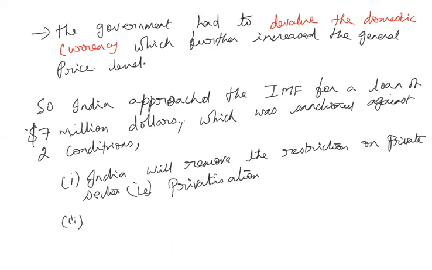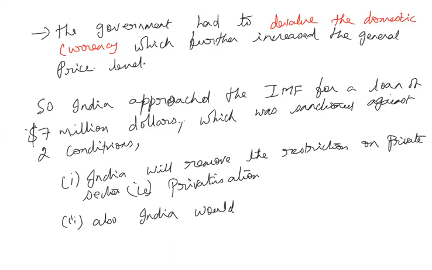And the second one also, India would remove the trade restrictions on foreign countries. So also India was having so much of restrictions in the form of import and export duties, in the form of restrictions on international trade. In spite of that, our foreign exchange reserves were very, very scarce.